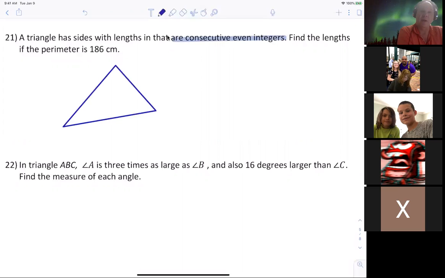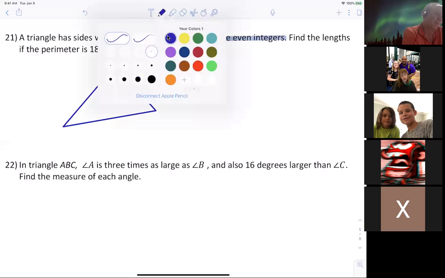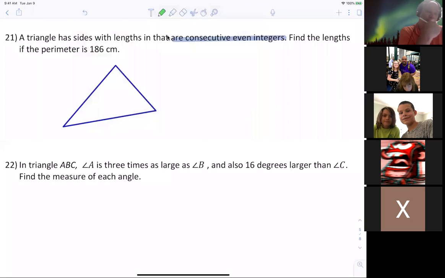Now it says the sides are consecutive even integers. So what are the sides going to be? Someone tell me. How do we write the sides if they're consecutive even? Good. And X. What else? Someone else.